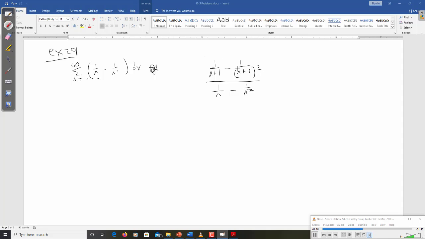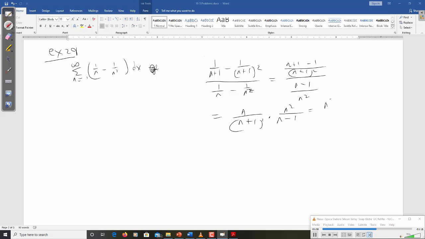So, I mean, you could get common denominators if you wanted. This would be n plus 1 minus 1 over n plus 1 squared over n minus 1 over n squared. So this would become n over n plus 1 squared times n squared over n minus 1.